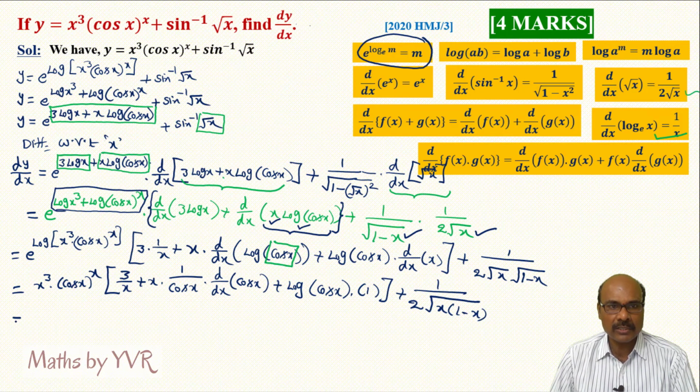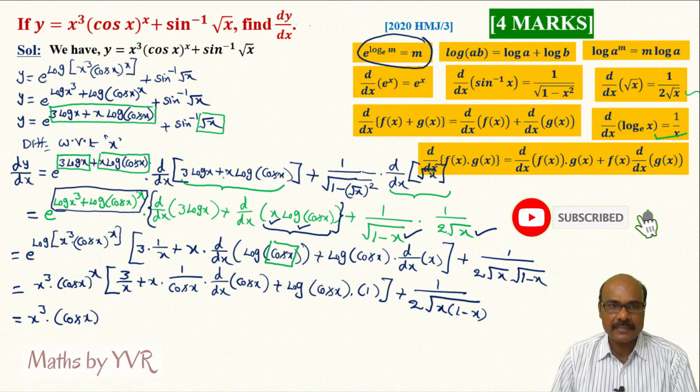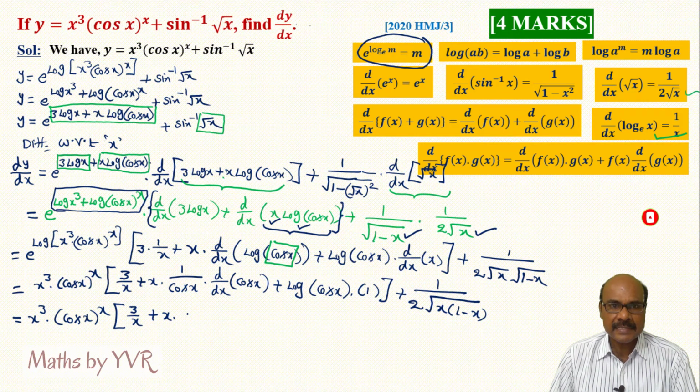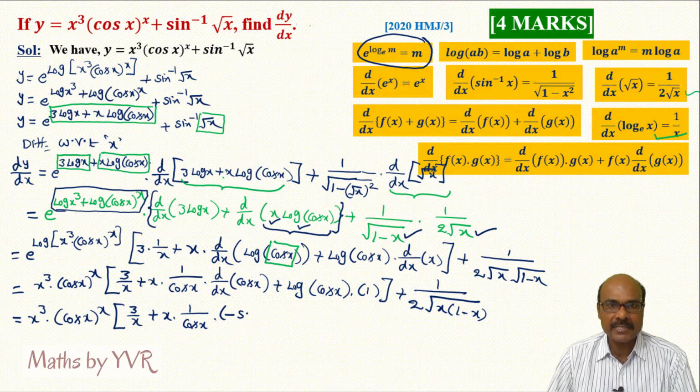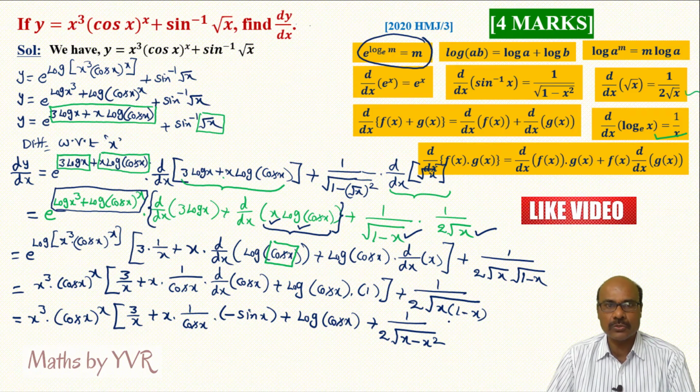That is equal to x cube into cos x whole power x into 3 by x as it is, plus x into 1 by cos x as it is. What is the derivative of cos x here? The derivative of cos x is minus sin x, plus log of cos x into 1 is log of cos x, plus 1 by 2 into root of x into 1 minus x. How can we write it? x minus x square after multiplying these two terms.